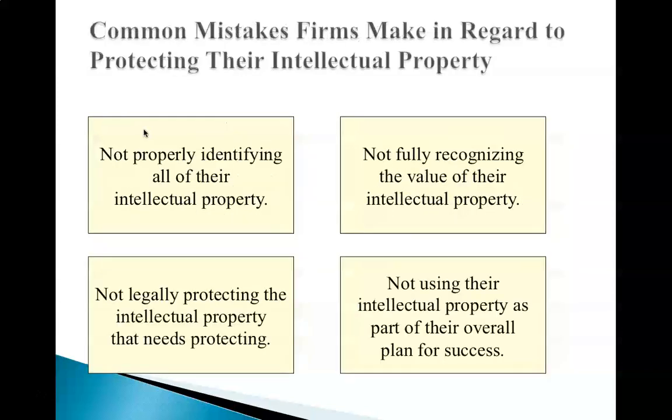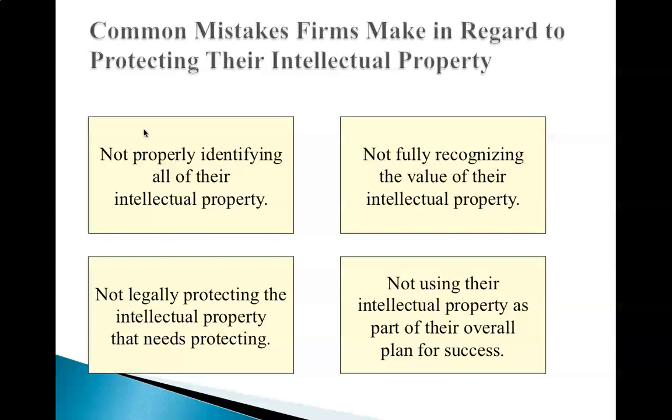Just some mistakes that companies have made in terms of protecting their intellectual property: not properly identifying all of their intellectual property. In our last class, we talked about legal and ethics, and it's important, even when you're drafting a founders agreement, that intellectual property is identified and dealt with in an appropriate way, whether that one person takes credit for it, or that one person signs the intellectual property over to the business.